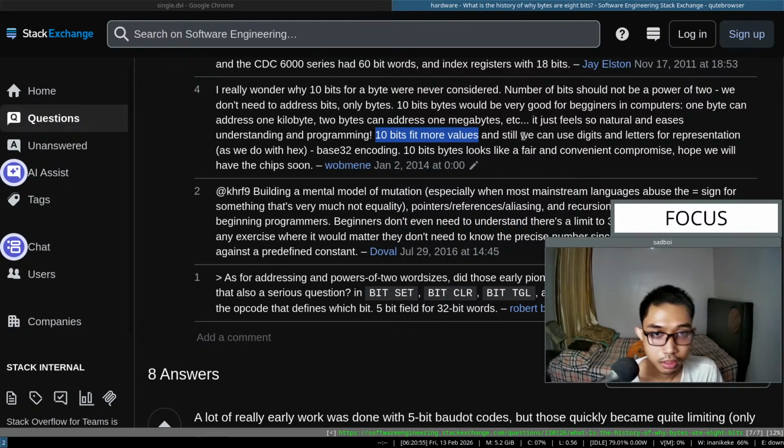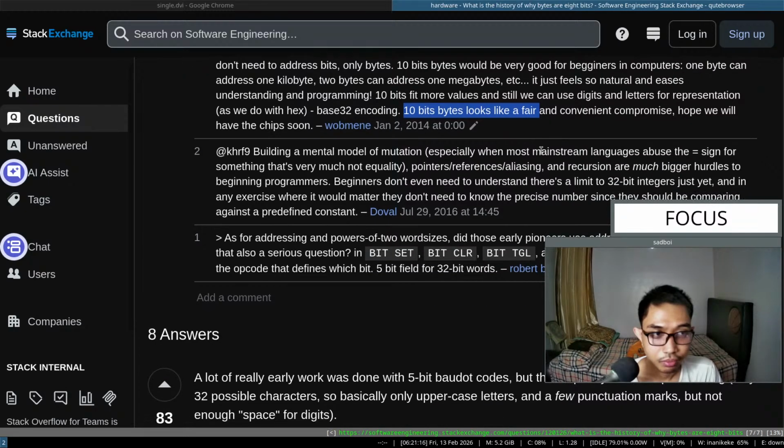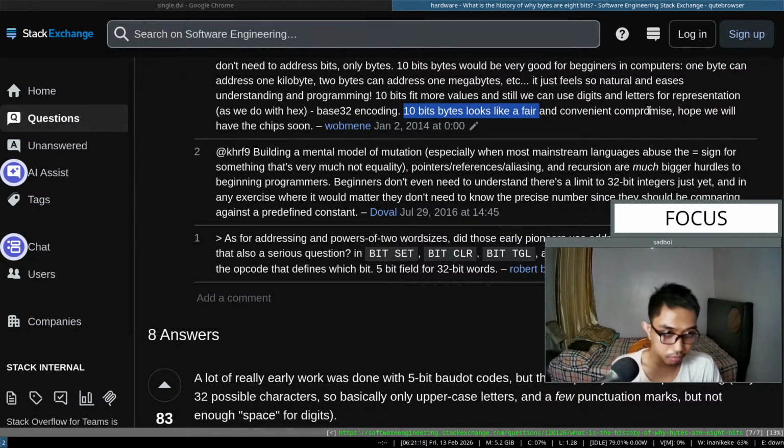Maybe it can be easier if we use 10 bits for a byte. We can use digits and letters for representation as we do with hex or base 32 encoding. A 10-bit byte looks like a fair and convenient compromise. We will have the chip soon.